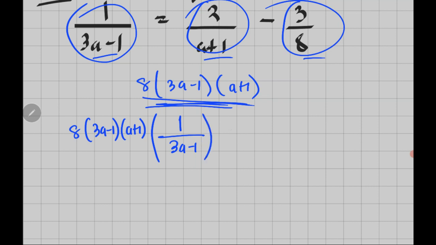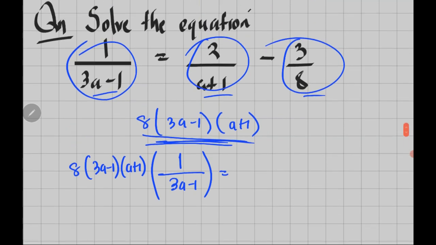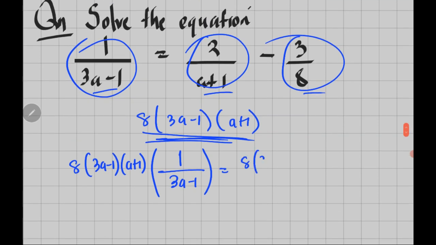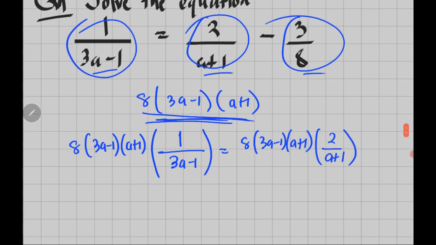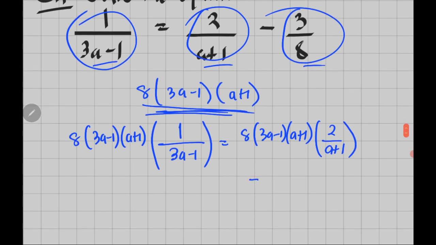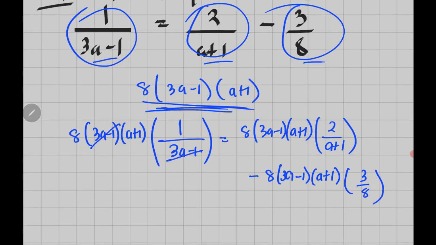Let me write this up. Is equal to 8 times 3a minus 1 times a plus 1 times 2 over a plus 1, minus 8 times 3a minus 1 times a plus 1 over 3 over 8. So if you reduce, this cancels with that one.